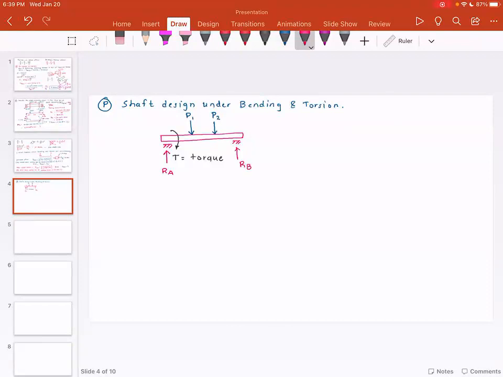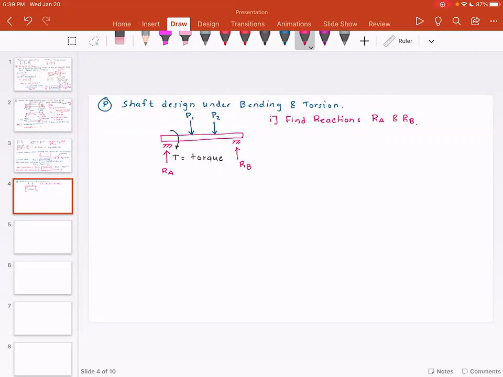So step one is find reactions. The reactions are RA and RB. And you would use the conditions for static equilibrium to find the reactions RA and RB.